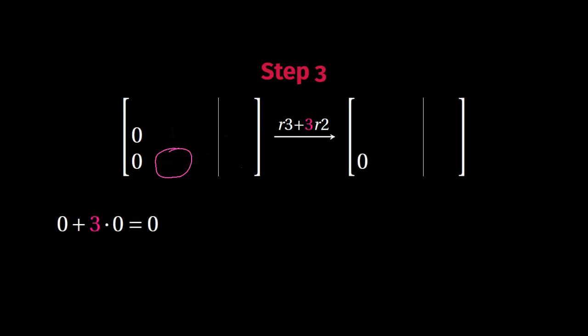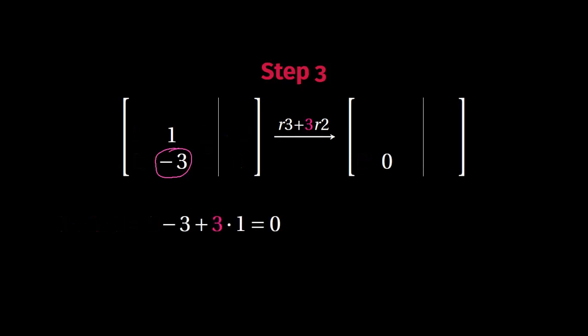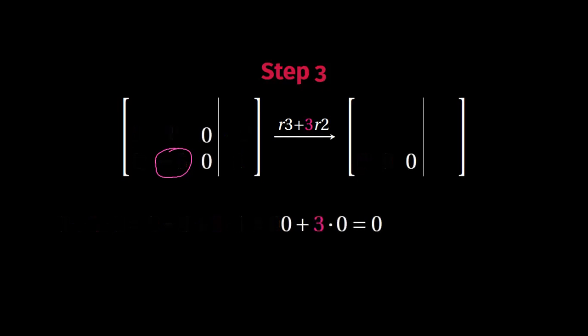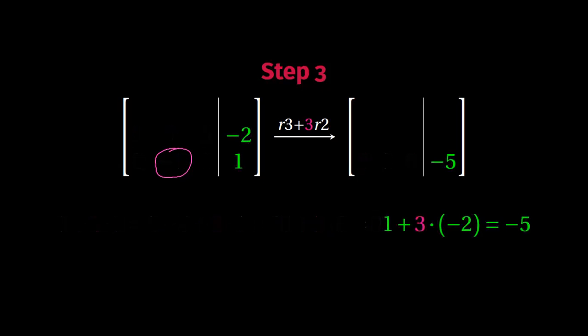From the first column, we obtained 0 plus 0, which is equal to 0, of course. From the second column, we obtain -3 plus 3 times 1, which is equal to 0, exactly as expected. Then from the third column, we have 0 plus 0 again, which is equal to 0. And finally, 1 plus 3 times -2, which is equal to -5.